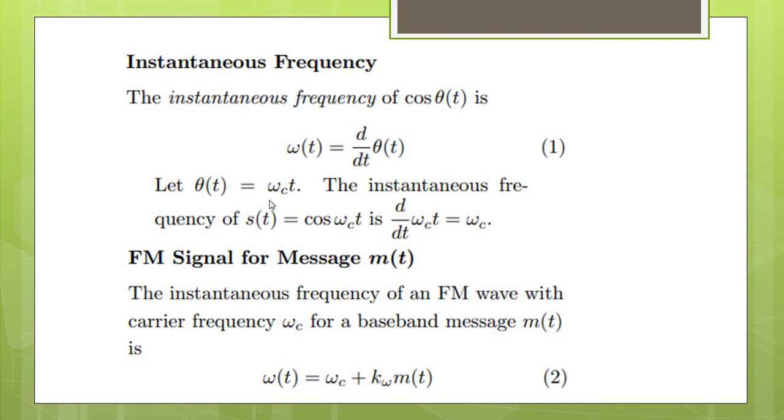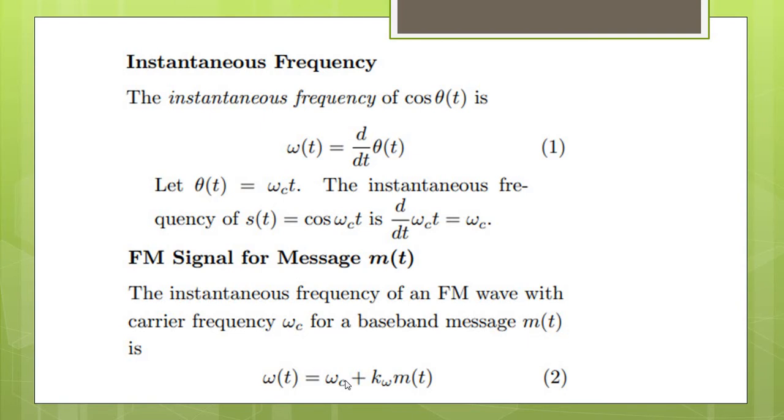Here let theta(t) is equal to omega_c t, which we can substitute in the instantaneous frequency of s(t) is equal to cos omega_c t. So when you differentiate d by dt of omega_c t, we get omega_c. So this is the instantaneous frequency of an FM wave with the carrier frequency omega_c.